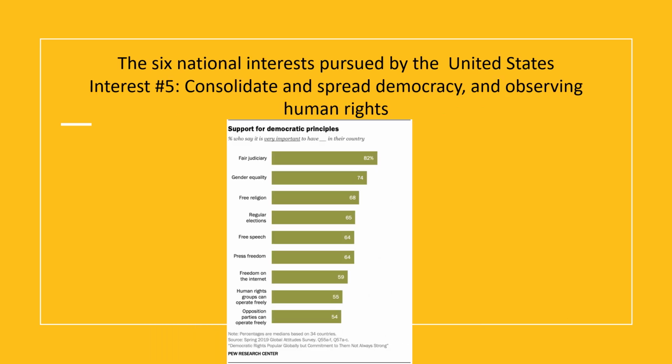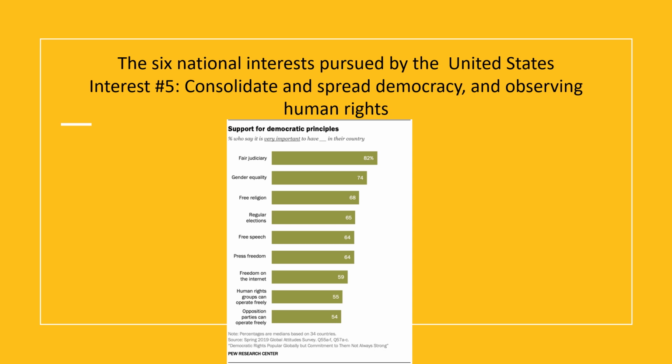What about consolidating and spreading democracy and observing human rights? Here we have a public opinion poll from the Pew Research Center collected in 2019. This is focusing on the percent of people who say it is very important to have a certain something in their country. This is a global attitude survey, and those different somethings are a fair judiciary, 82%, the highest response in terms of very important.